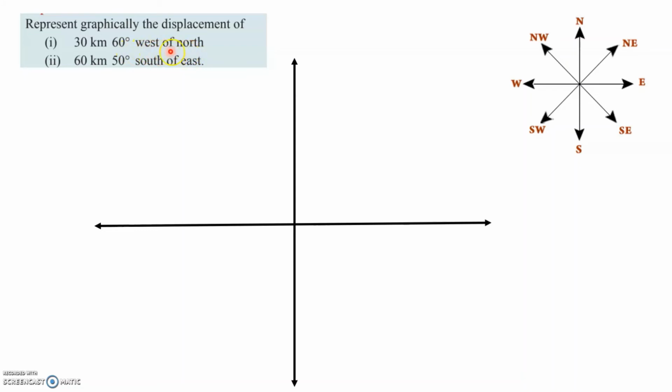So when you say west of north, this is the north. West of north would be somewhere here, and it is 60 degrees. So the measure of our degrees from here would be 60 degrees.